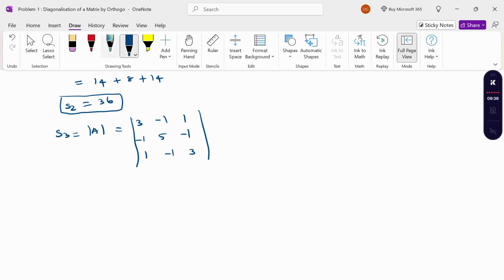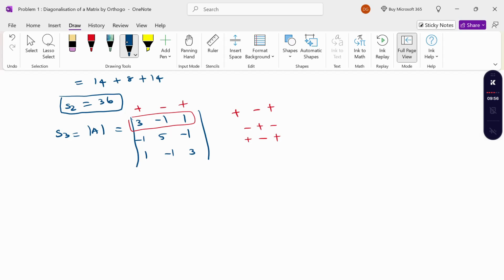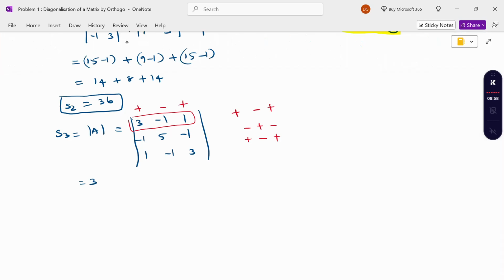Choosing the first row, the sign structure of this determinant is plus, minus, plus. Taking the first element 3, leave its column and row: 5, minus 1, minus 1, 3. Next, with the minus sign, minus of minus 1, leave its column and row: minus 1, minus 1, 1, 3.